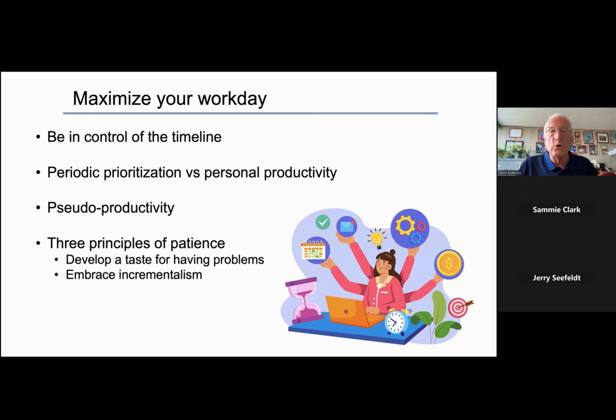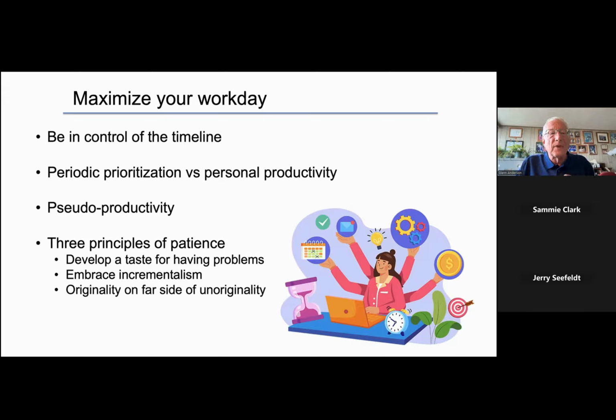Embrace incrementalism. You might be working on that big task and you keep getting interrupted and you don't get it done. That's okay. Come back to it tomorrow. Come back to it the day after tomorrow. Display some patience as you embrace incrementalism, working on those big tasks day by day by day.